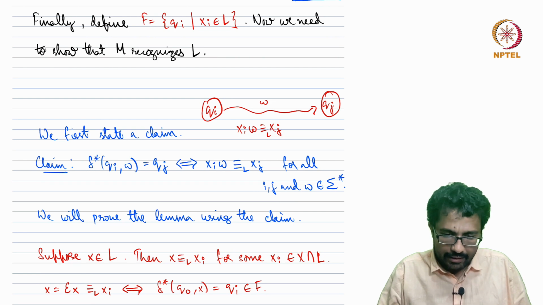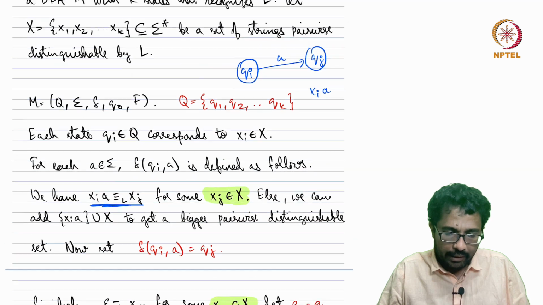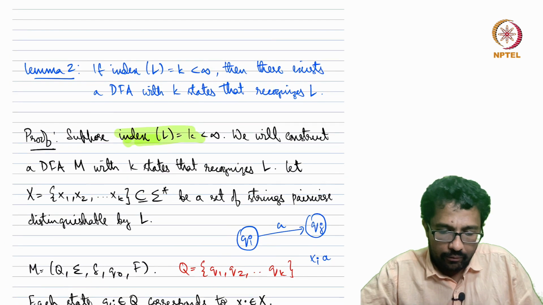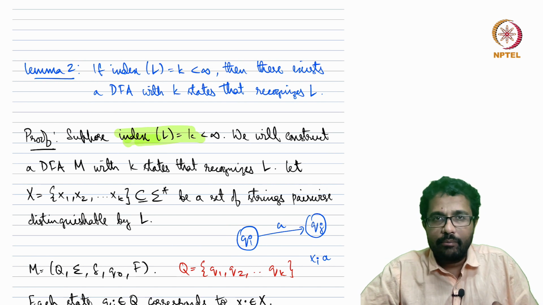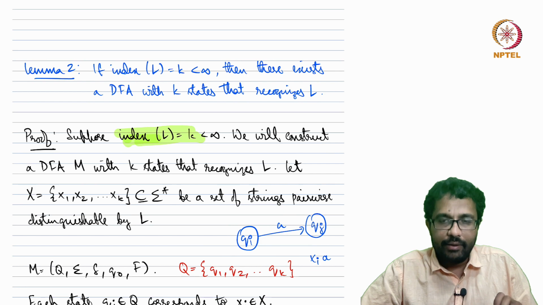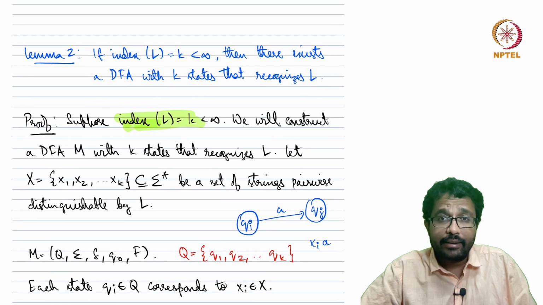So first let us complete the proof. What do we want to do now? By assumption the index is k. We wanted to show that there is a DFA with k states. We actually constructed a DFA with k states.